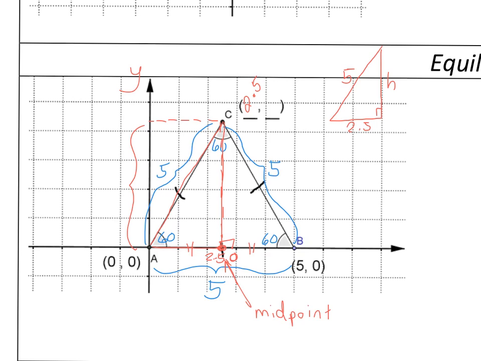So I can use the Pythagorean theorem, c squared equals a squared plus b squared, to solve for that missing leg, that missing height. C squared, well, this time we know the hypotenuse, so we know that's 5 squared, and we know a is 2 1/2, and we're going to actually solve for the height. 5 squared is 25, and I like to look at 2 1/2 squared as 25 times 25.